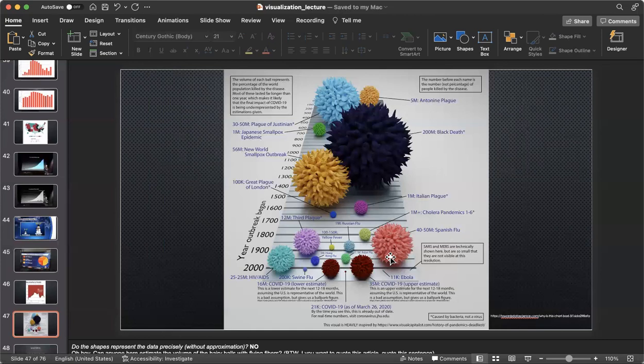Another thing that's troubling is that you're using volume to show the percentage of the world population killed by the disease. So 200 million, and then you're showing it as a percentage. In terms of percentage, the Black Death was more virulent, or worse, than COVID.